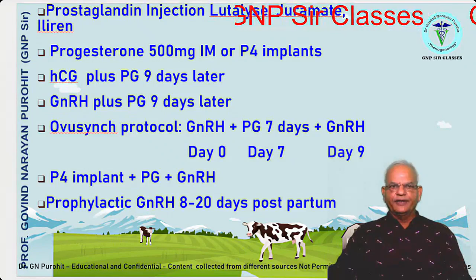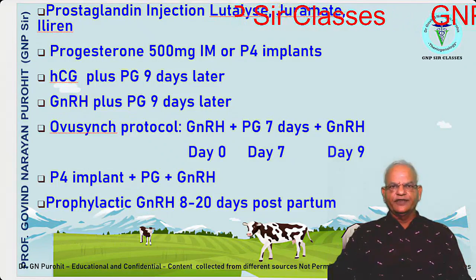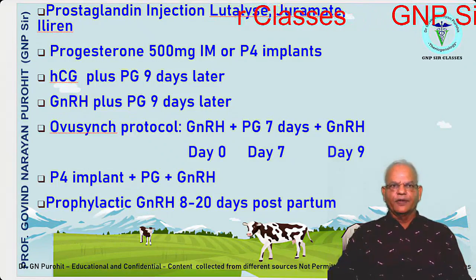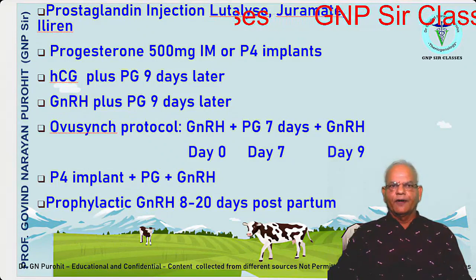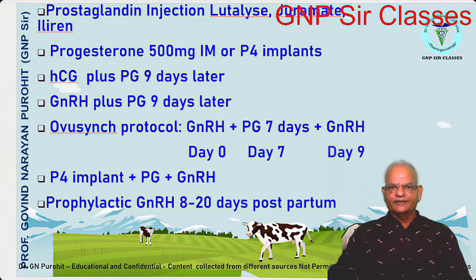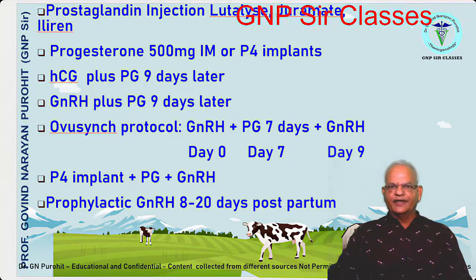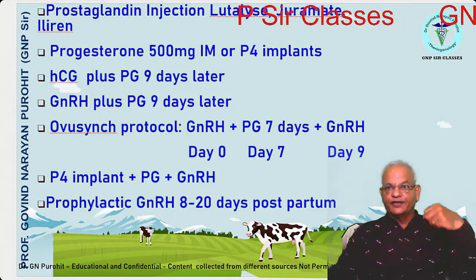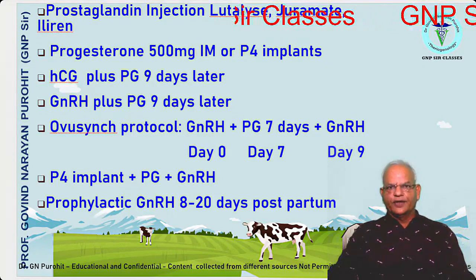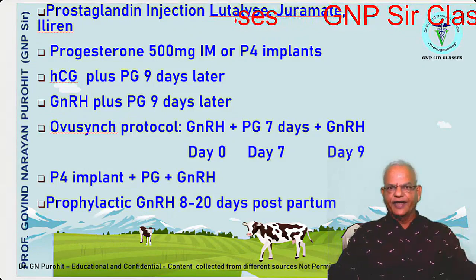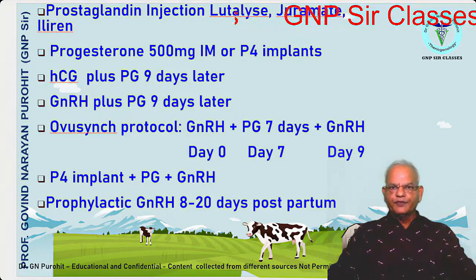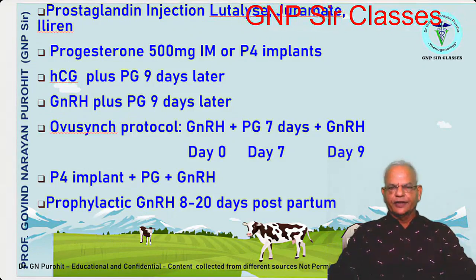Even when you treat cows with any of these treatments, maybe Ovsynch protocol, maybe progesterone implant plus PG plus GnRH, many a times animals may have a tendency that the cyst will reform. So it's really very difficult. You have to wait and you have to retreat the animal and wait for the animal to settle down.